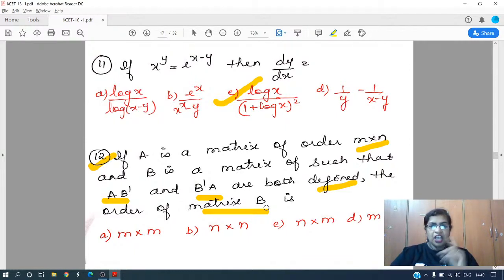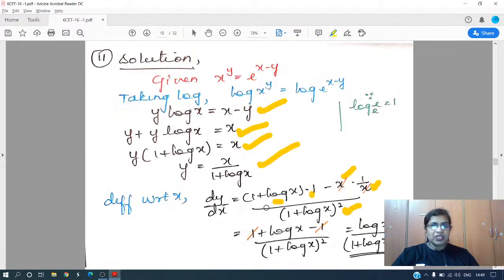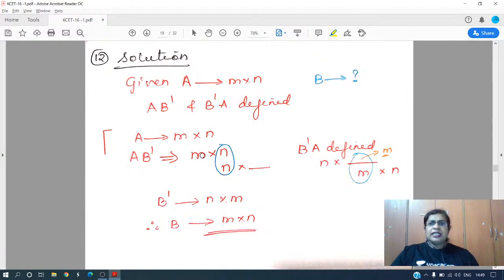Is it clear? Okay, so let us see now how to get this matrix B. Okay, so there are a few options and all options look same. Let us see how to crack this question now. Now, what all is given I have noted down. What is given? Given is A matrix is of order m cross n. And only this much is mentioned, that these both are defined.